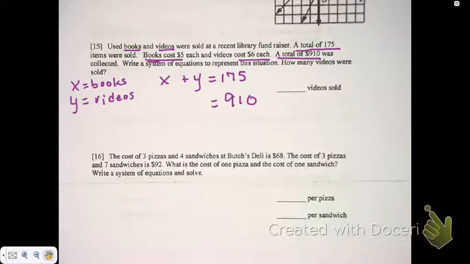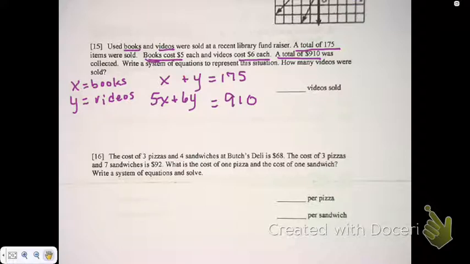Our books are represented by X, so to get the total amount they sold in books, we could say 5 times X, right? And to get the total amount they sold in videos, it would be $6 times however many videos, when videos is represented by our Y. So our second equation would be 5X plus 6Y equals 910.